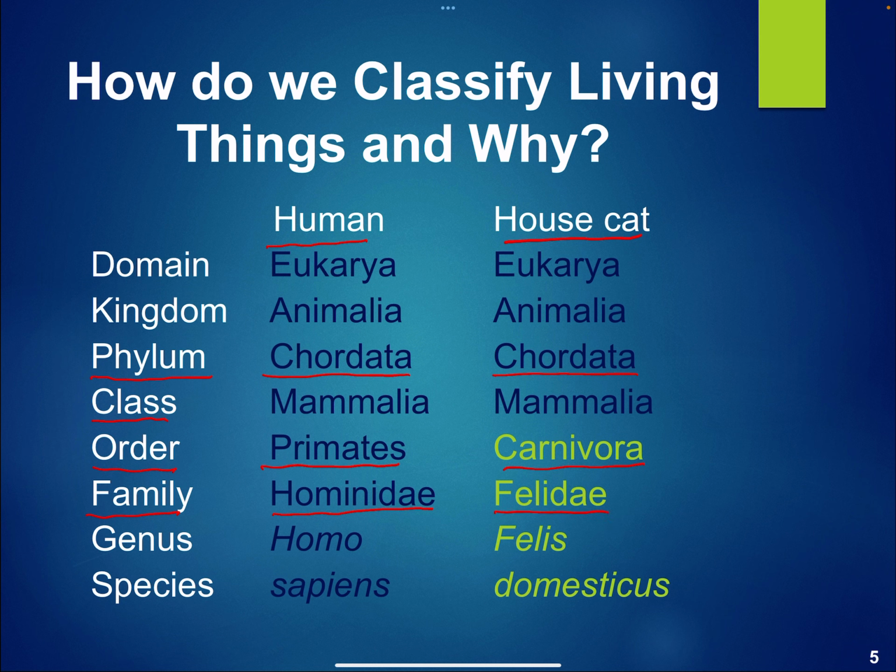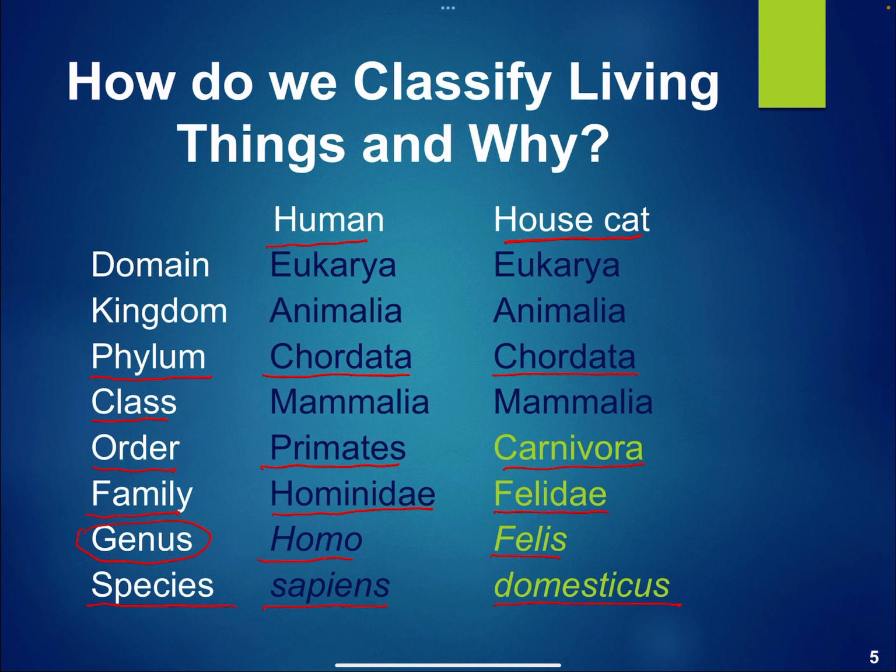Humans belong to the genus Homo, while house cats belong to the genus Felis. Humans belong to the species sapiens, while house cats belong to the species domesticus. So we see, looking at how we classify living organisms, that at some point we have similarities, but at some level we also have a lot of differences, right?